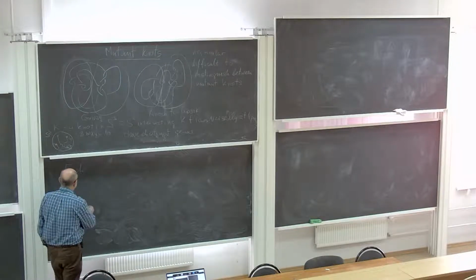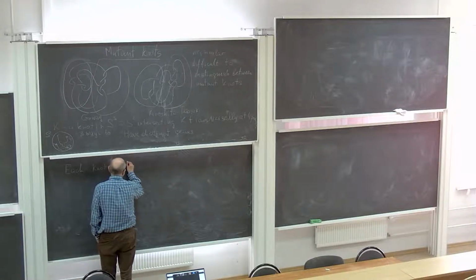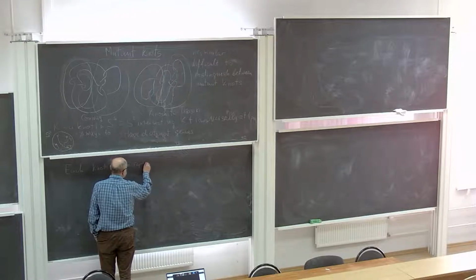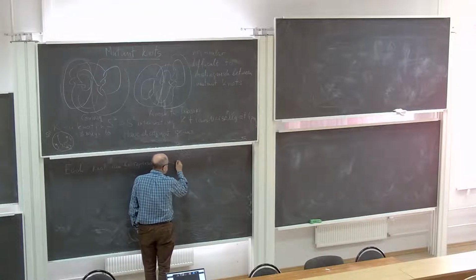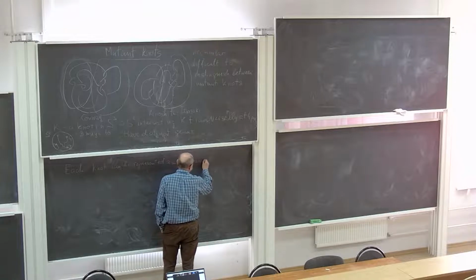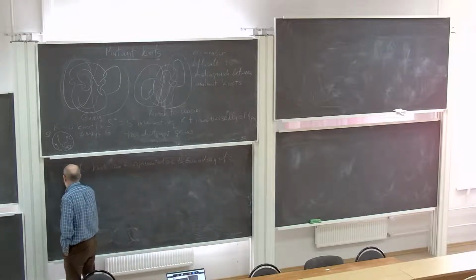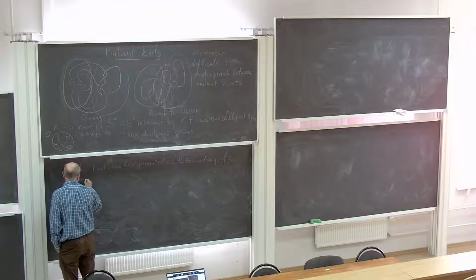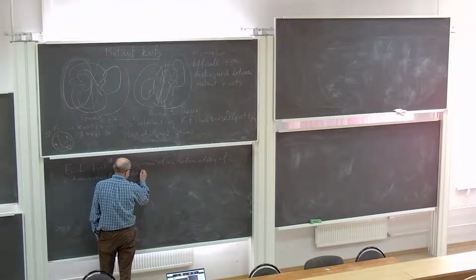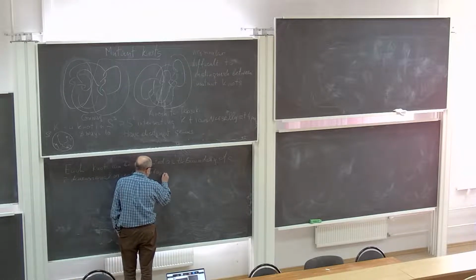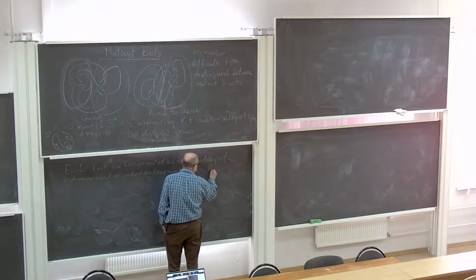Well, what is the genus of a knot? Each knot can be represented as a boundary of a two-dimensional oriented surface embedded in S3.